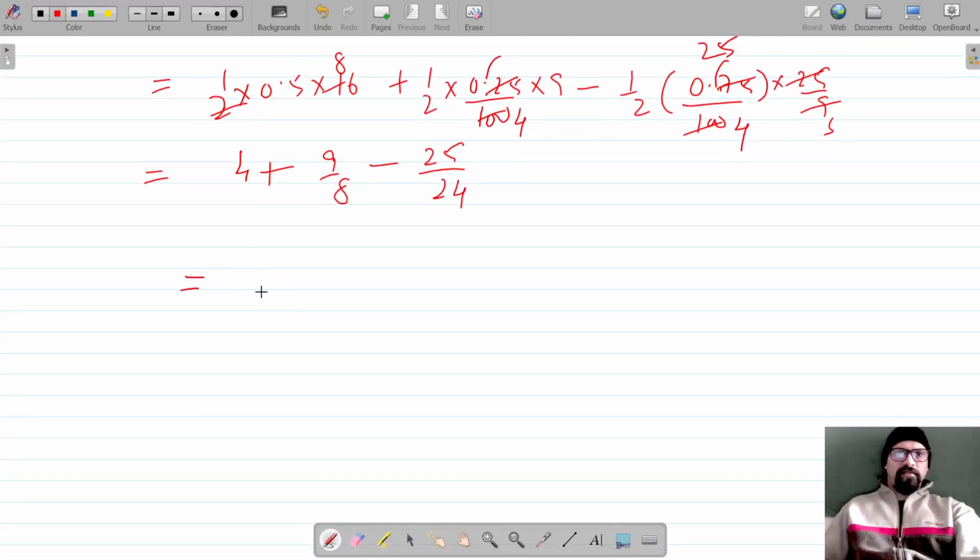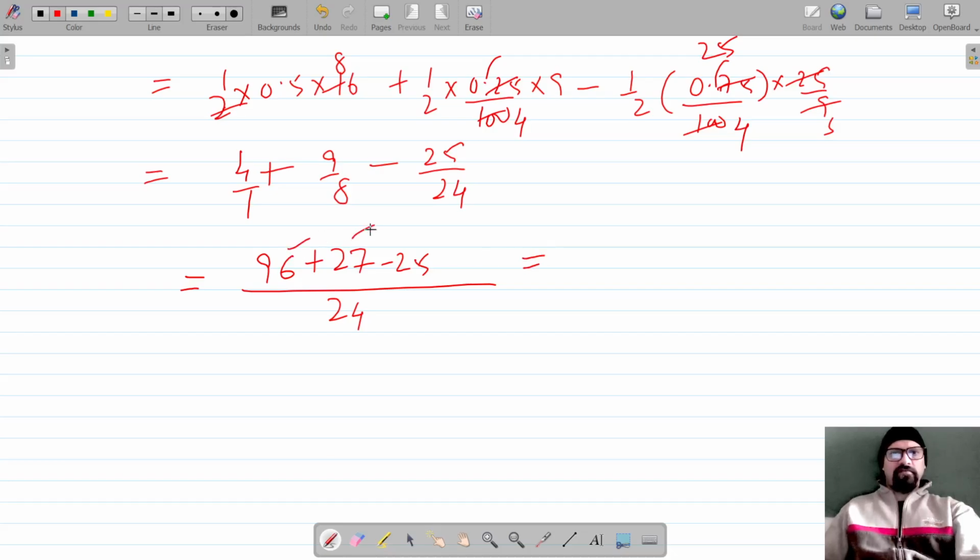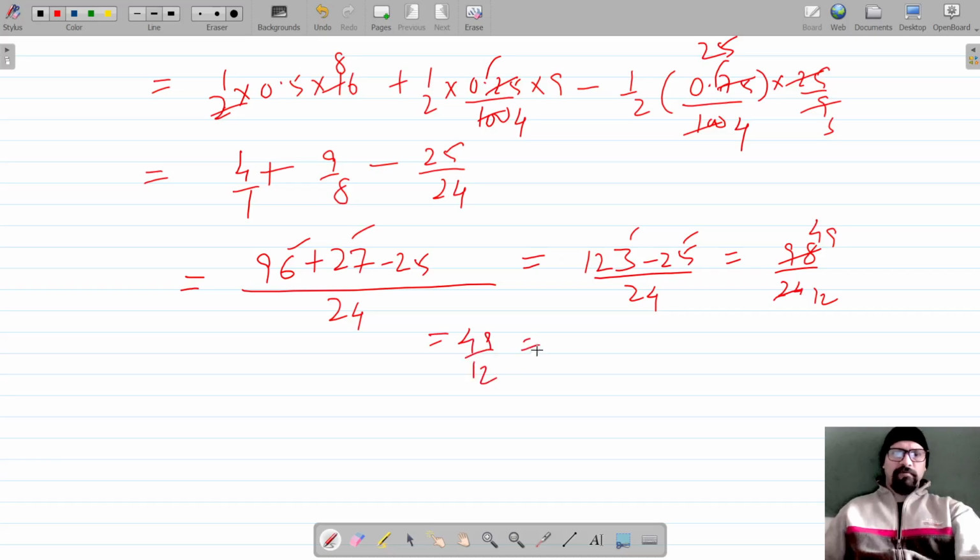Here the LCM is 24, and 24 into 4 is 96, 9 plus 27 minus 25. So 96 plus 27 is 123, and 123 minus 25 is 98 by 24, which is equal to 49 by 12.